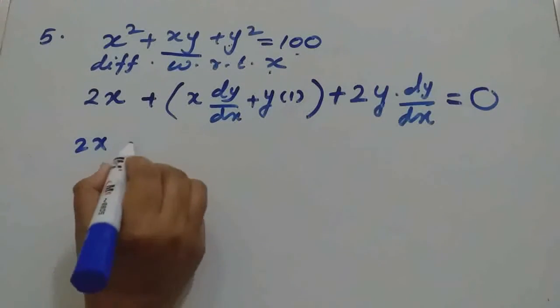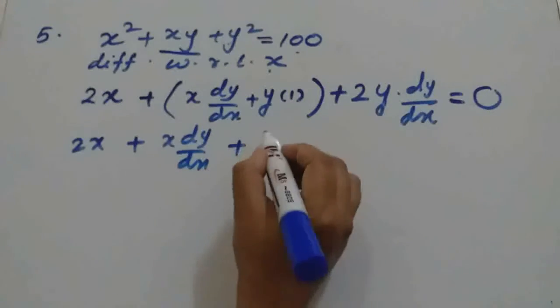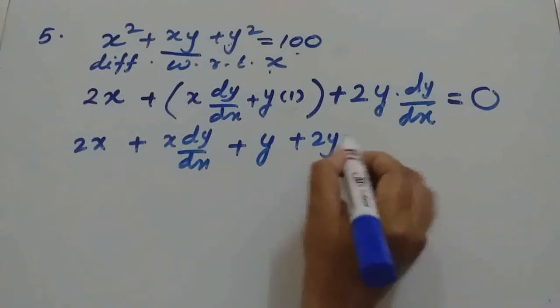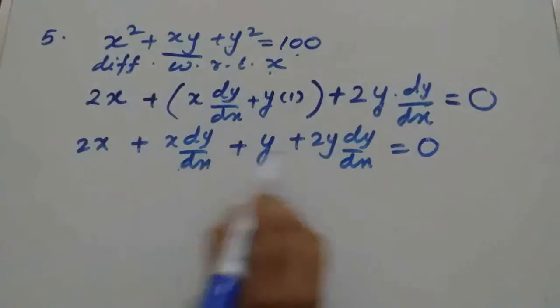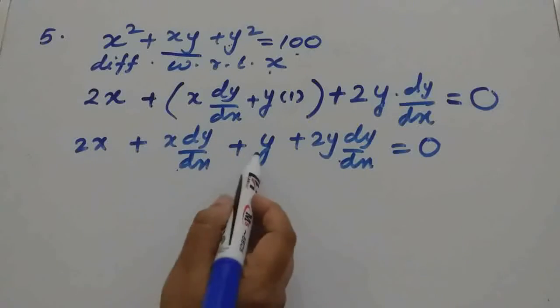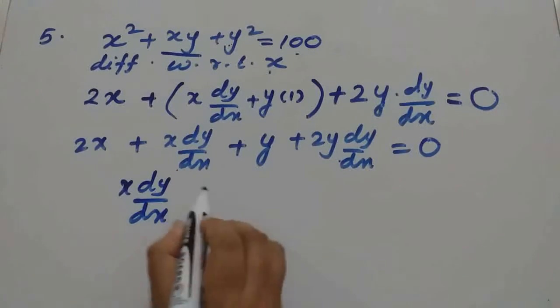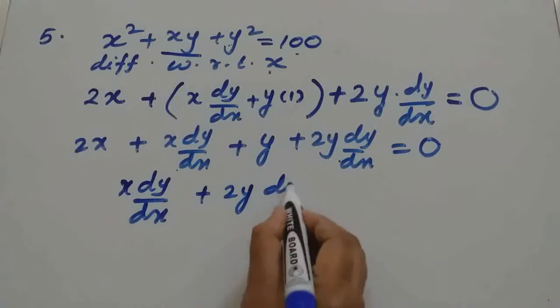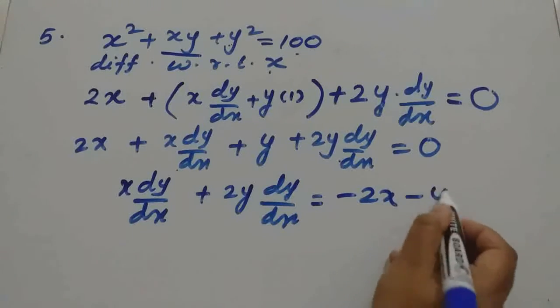So now 2x plus x dy by dx, this will be plus y plus 2y dy by dx. Now we have two terms which contain dy by dx. These two terms will keep here only. 2x plus y should go that side. So x dy by dx plus 2y dy by dx is equal to minus 2x minus y.